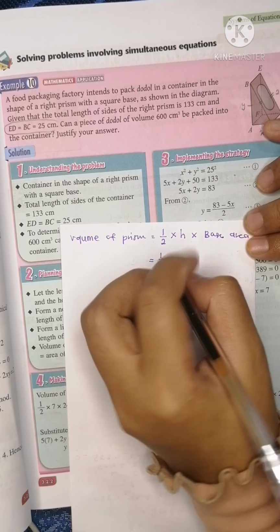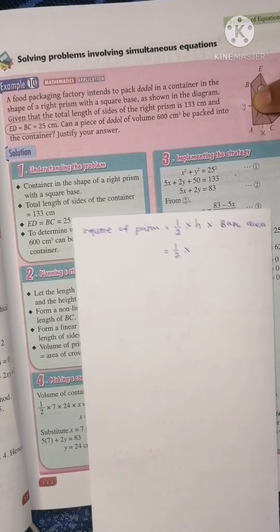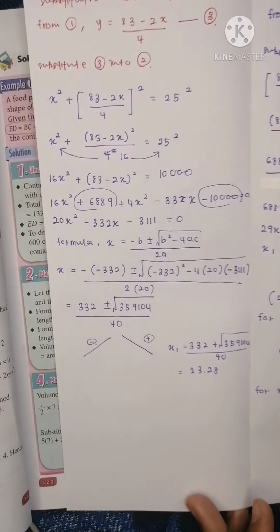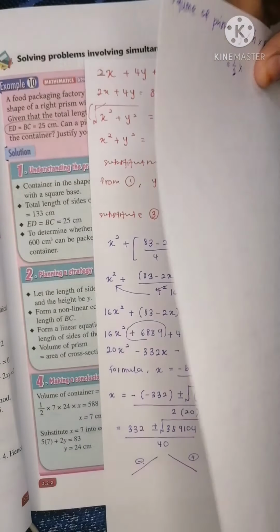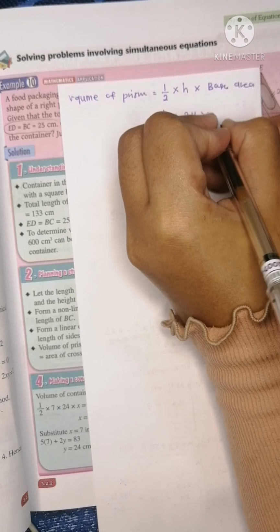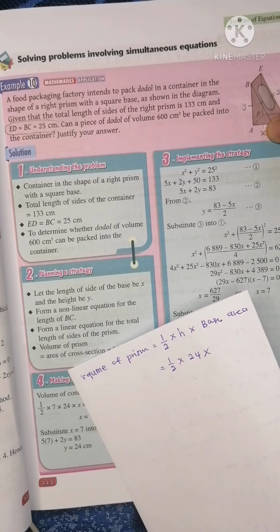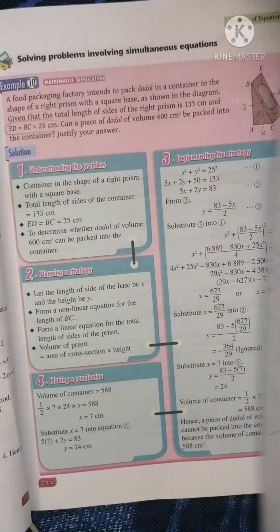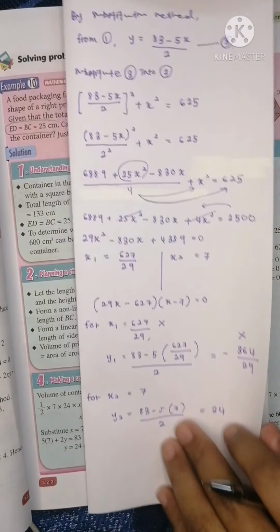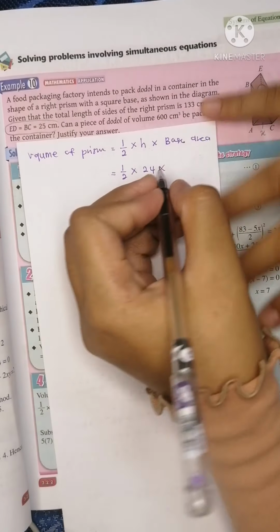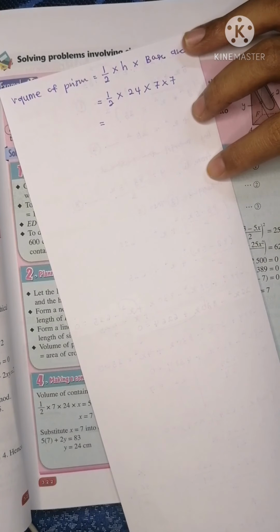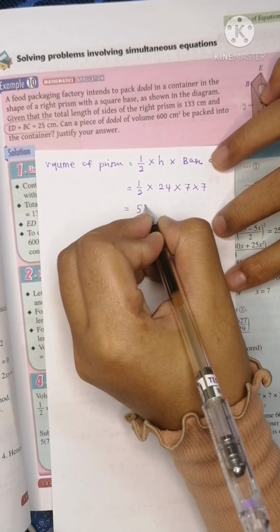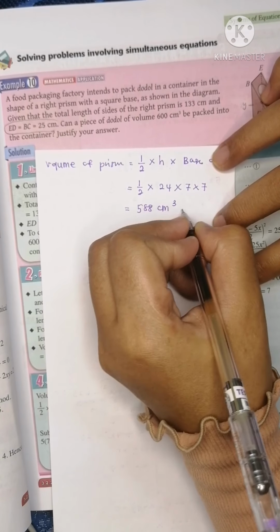So 1 over 2, h is the value of y, which we got just now is 24. So substitute with 24. Base area is here at the base, which is x times x. The value of x we get is 7, so 7 times 7. You key in your calculator 24 times 7 times 7, and then divide by 2. Then you will get the answer 588 centimeter cubic.